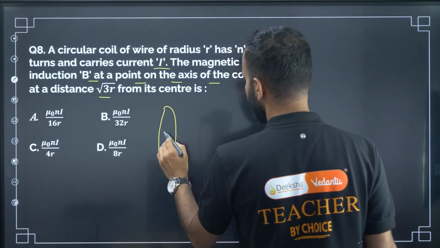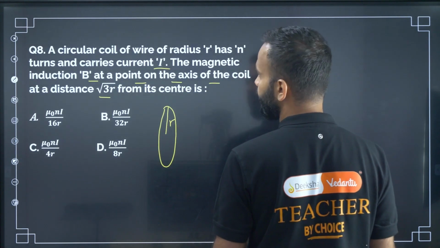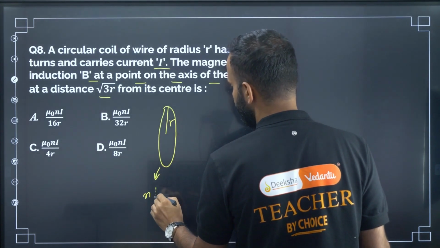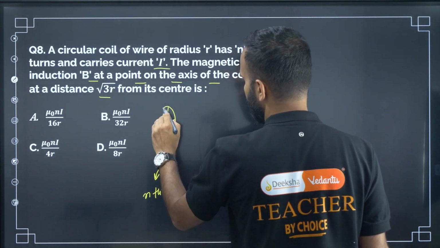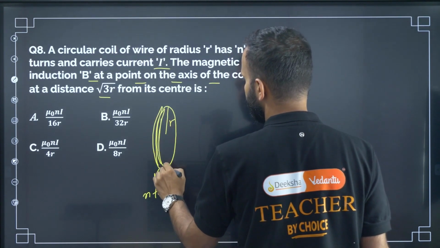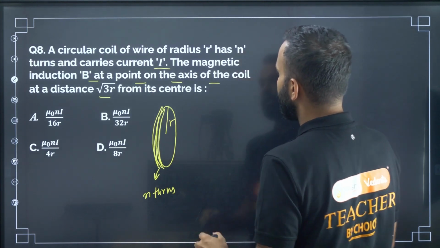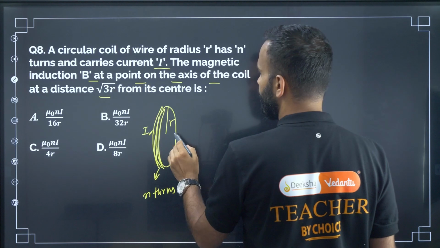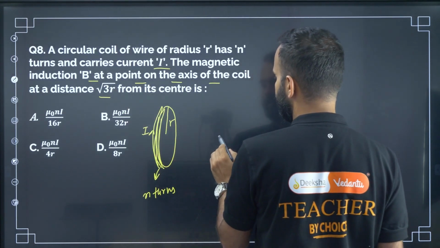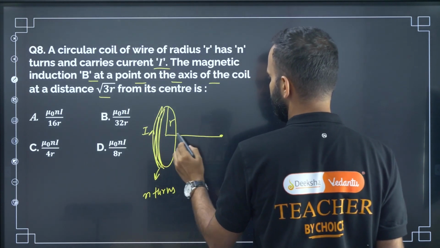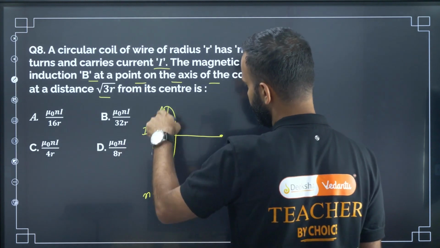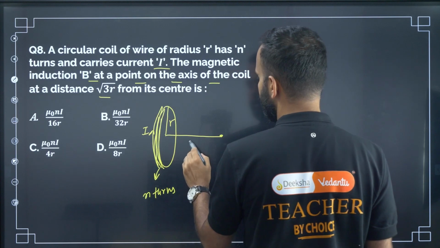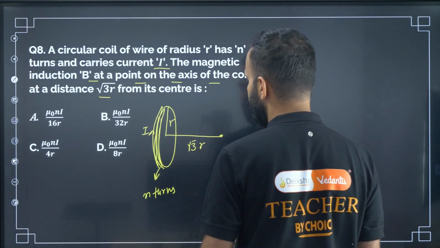The radius of the circular coil is R. It has N turns and carries a current I. The point is on the axis of the coil, at a distance √3r from its center.